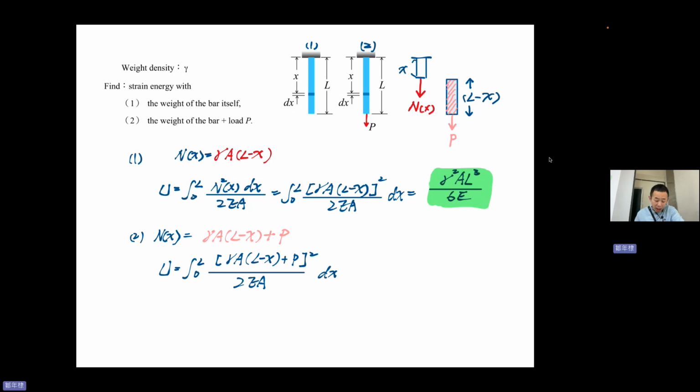Okay, so after some integration, gamma squared A L cubed divided by 6E plus gamma P L squared divided by 2E plus P squared L over 2EA. Okay, so did you notice the composition of the answer?